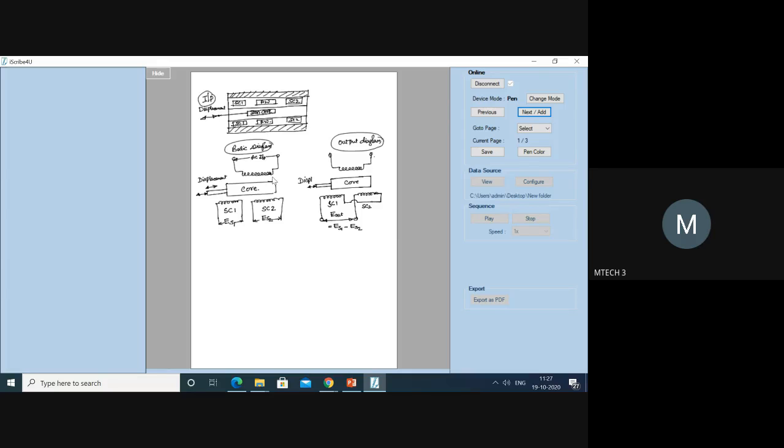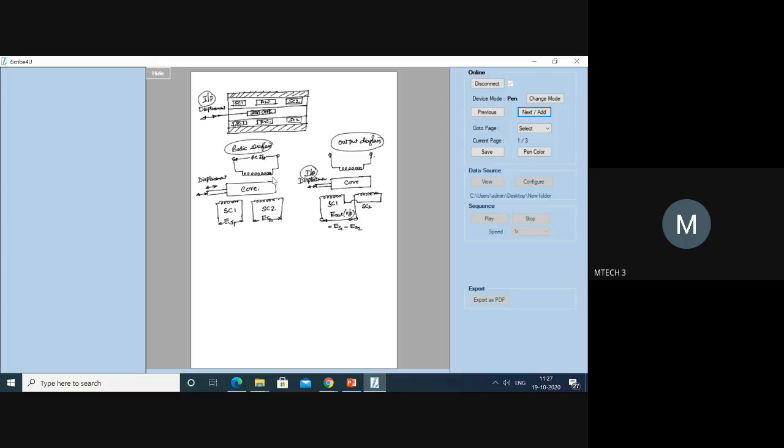So this is going to be your displacement, this is going to be your input, and the output is what is called E out. Now you tell me, how do we calculate ES1 and ES2? What is ES1 and what is ES2? Now just observe, very simple.